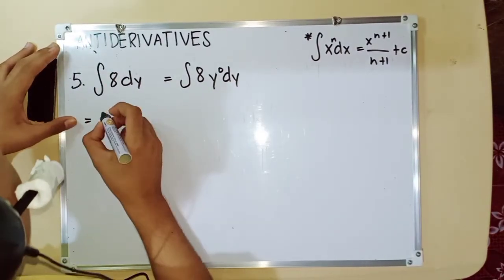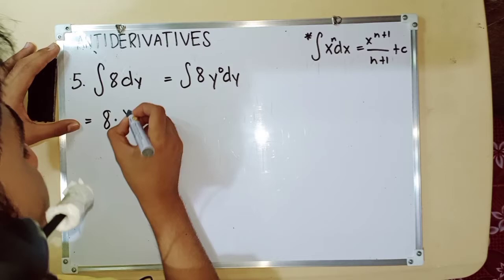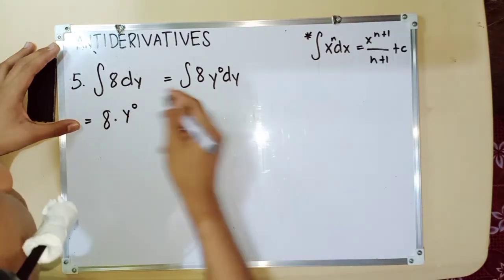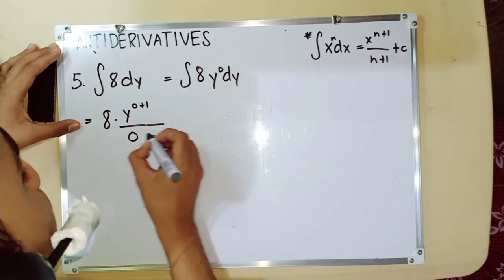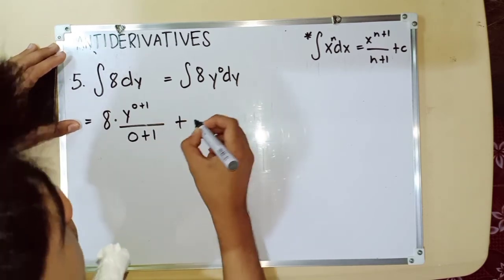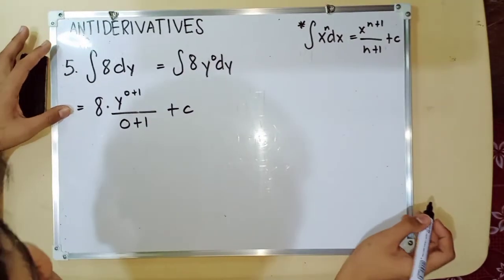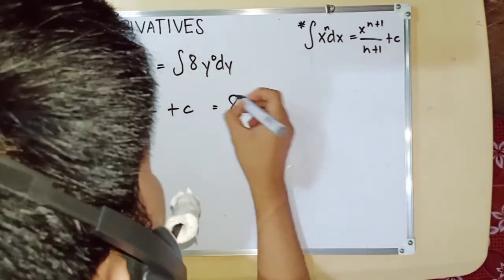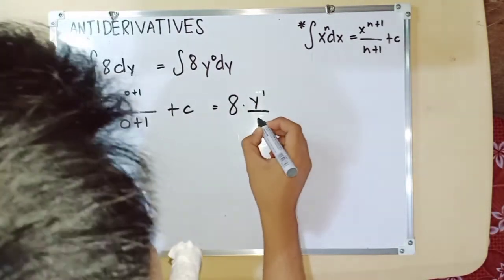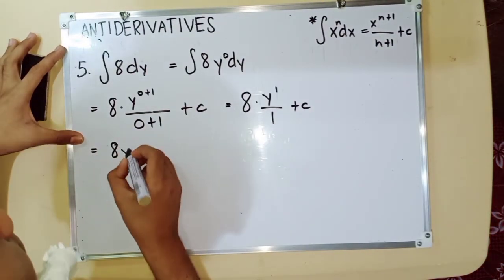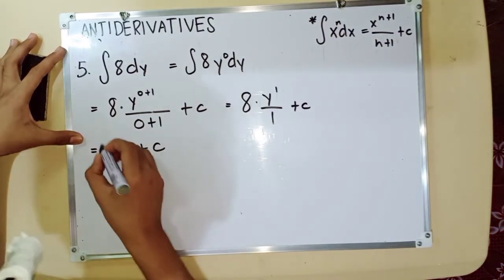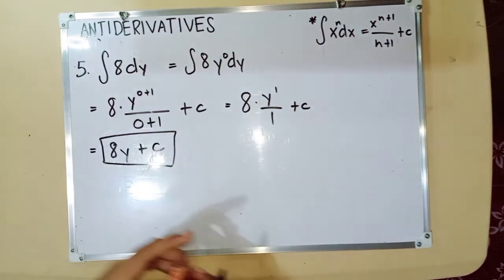Taking its antiderivative, 8y raised to the power of 0 plus 1. Then, kopyahin lang natin ang exponent sa denominator at huwag natin kakalimutan yung constant of integration. y to the 1 over 1 plus c. Further simplifying, ang ating final answer ay 8y plus c. So let us proceed to another example.